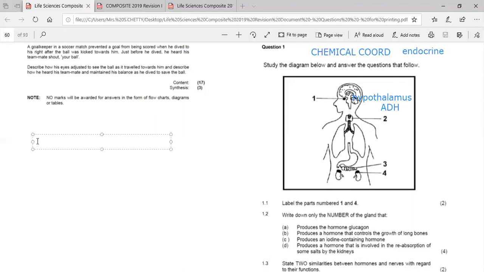So how does it affect changes? If there's less water in your blood, the hypothalamus becomes aware of it because it has receptors. It picks this up as the blood is going to the brain. The hypothalamus becomes aware there's too little water in our body and does something about it.